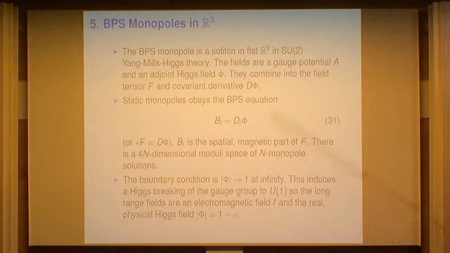The SU(2) gauge group is broken to U(1) at infinity, which means the long-range fields are only the electromagnetic field, the U(1) part, and the magnitude of phi still survives out to infinity as a long-range field. It's best to write this as 1 plus another field, little phi, which tends to 0 at infinity. Both little f and little phi have long-range Coulomb-type fall-off when you have monopoles.